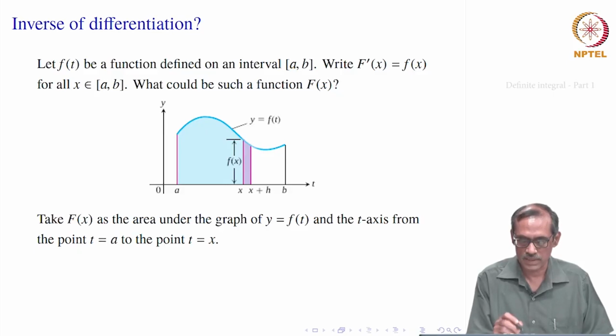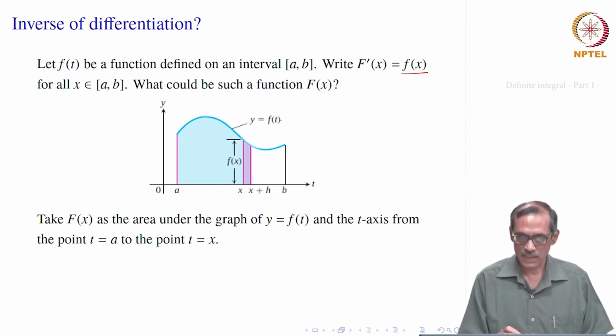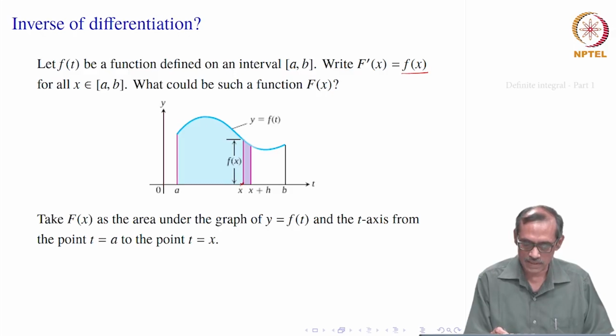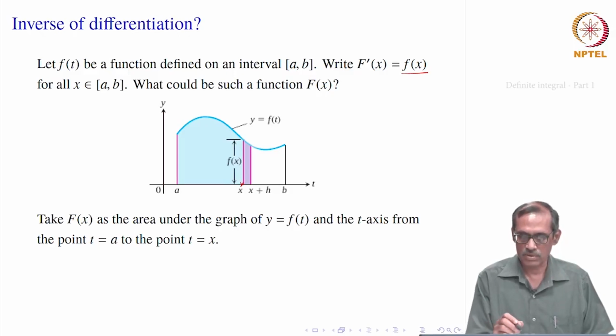Okay. So, a basic thing about this is, just look at the picture. Suppose f of x is given, let us say it is the t axis, y equal to f of t, and we choose any point x here. We want to find out capital F of x. This height is of course small f of x.